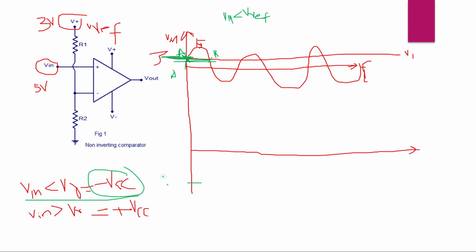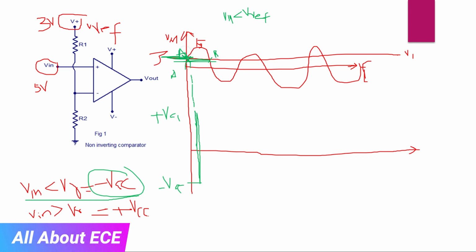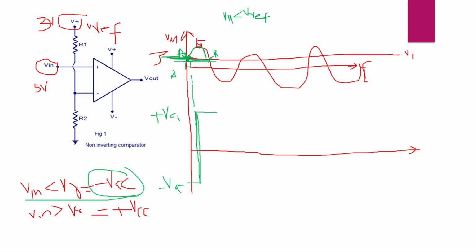You can clearly observe minus VCC and plus VCC, and my output stays at minus VCC until point A. After that, from point A to point B, my V input is greater than V reference, so I will get plus VCC up to this point.